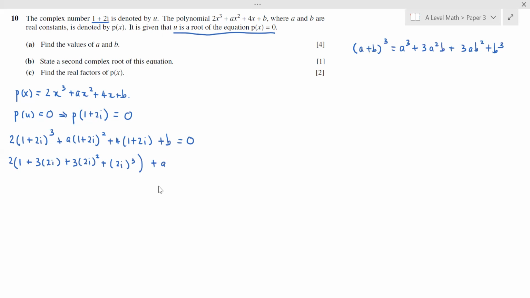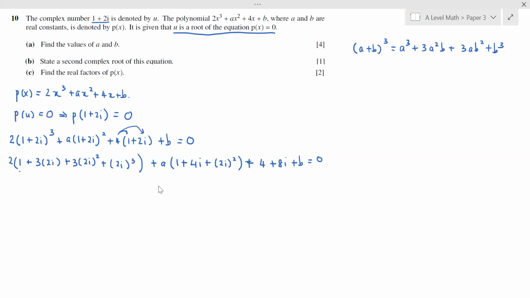Then plus a times (1 plus 2i) squared, which is just the expansion, the square of a binomial. So we have 1 plus 4i plus the square of 2i. Then we distribute this. That will give us 4 plus 8i plus b equals 0.